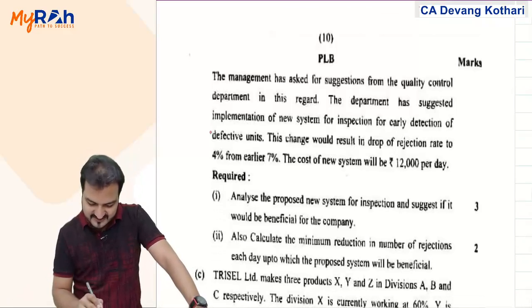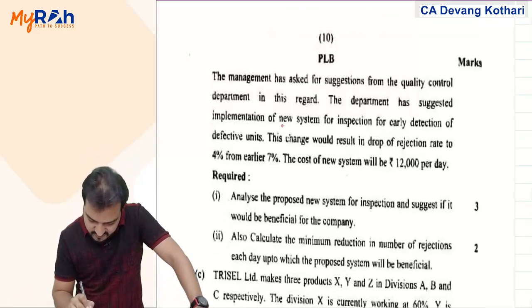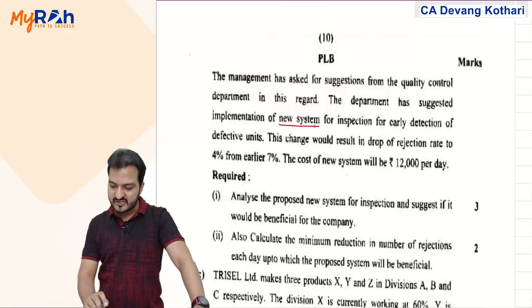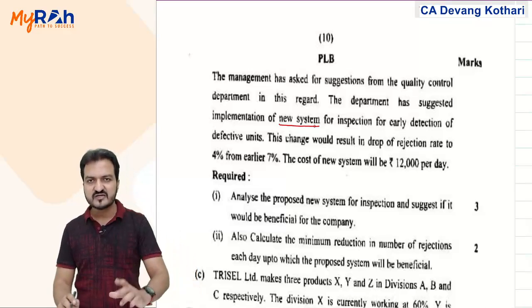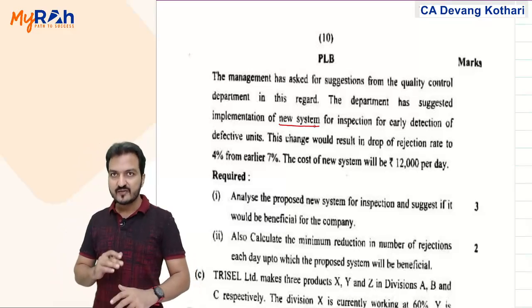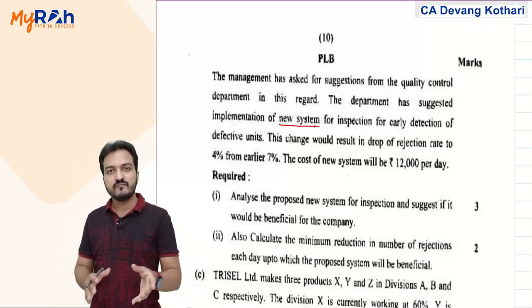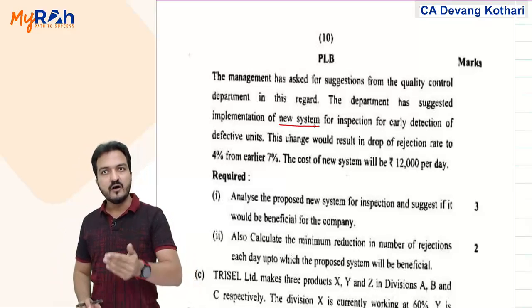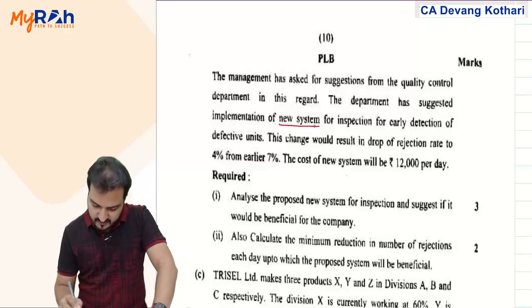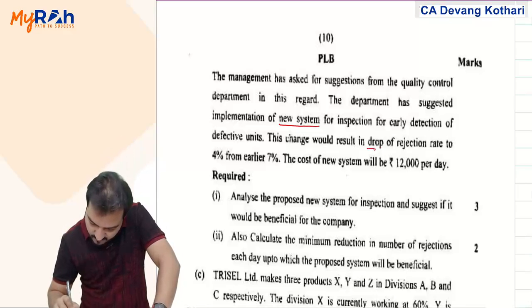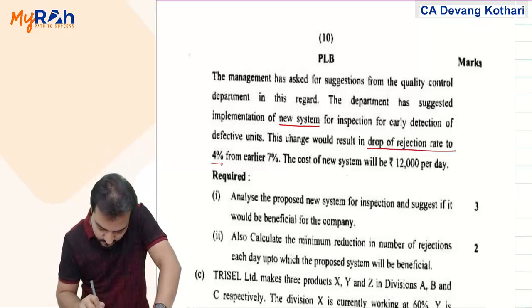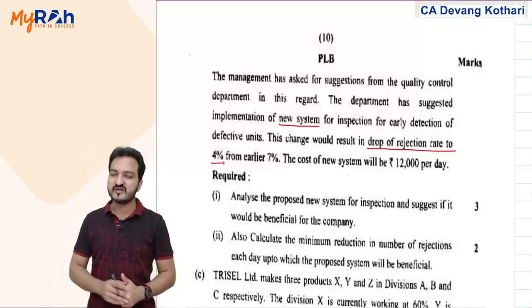The department has suggested implementation of some new system of inspection for early detection of defective units. Now they suggested some new system because of which they will be able to detect the defect early. This change would result in a drop of rejection rate to 4% from the earlier 7%.